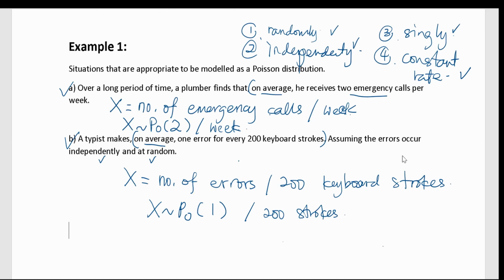There is one keyword you can look at, which is "per week", or here, "for every 200 keyboard strokes". According to the definition we discussed, it is in a time or space interval. These are the small points you can look at to determine that this is a Poisson distribution.